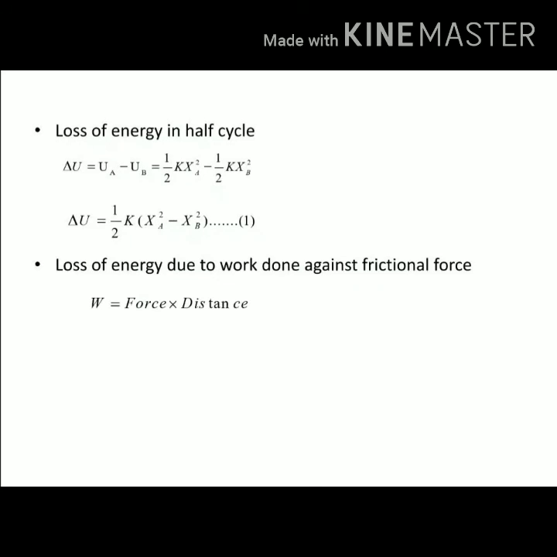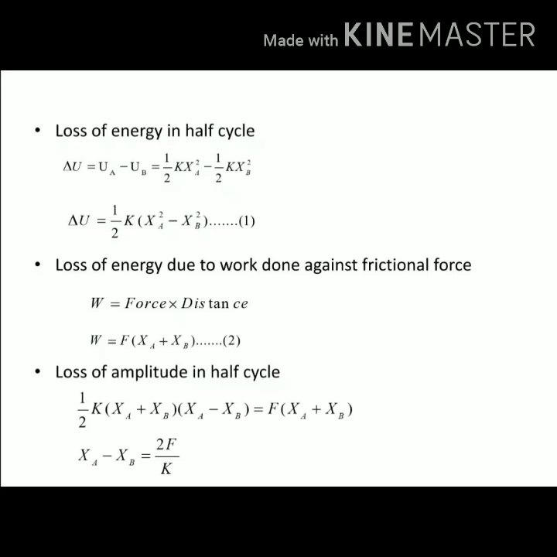We can write work done W is equal to force into distance travelled. Here the distance travelled is xa plus xb. Loss of energy is equal to work done against friction. So we can write ΔU is equal to W. So half k (xa plus xb)(xa minus xb) is equal to W, which is F into (xa plus xb).